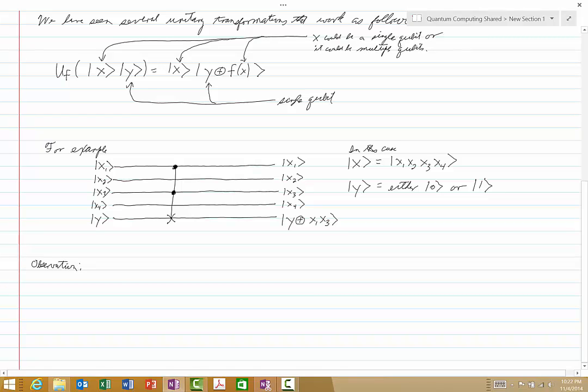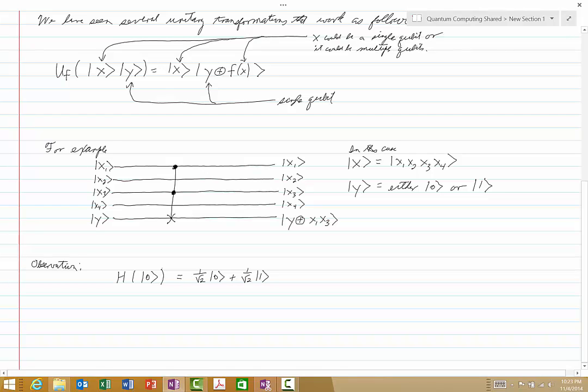When we apply the Hadamard transformation to the 0 state, we know that we get 1 over square root of 2, 0, plus 1 over square root of 2, 1.